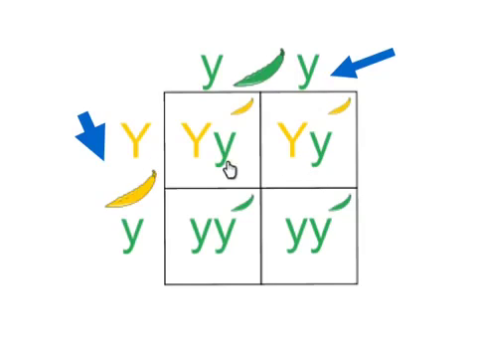You take the big Y, you take the little y, you get the same result. On the bottom here, it's a little bit different. You do the same principle, but you have a little y indicating green from the parent on the left, and the parent on top you have a little y indicating green, giving you a yy result. And it's the same on the lower right-hand corner as well.